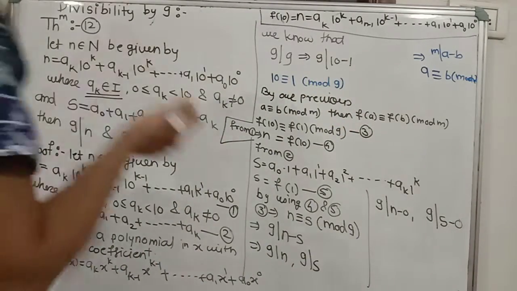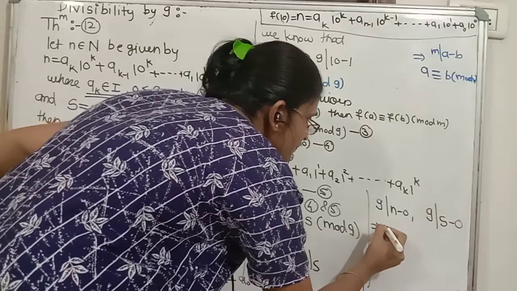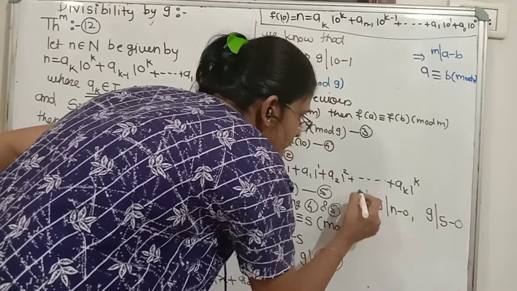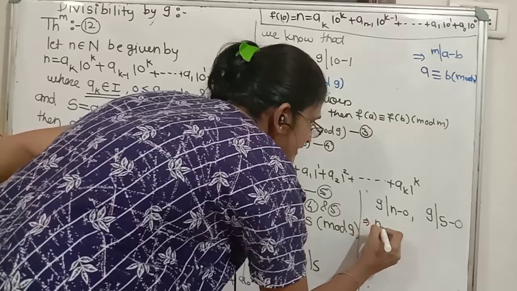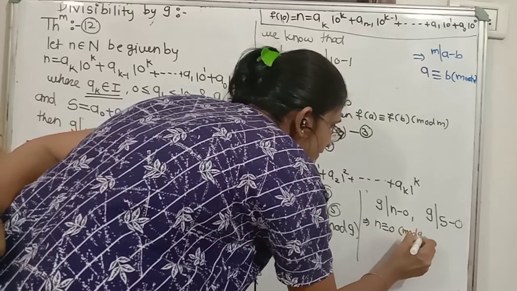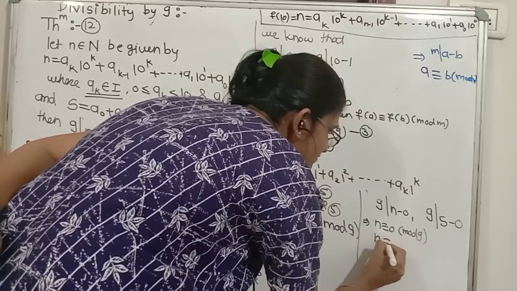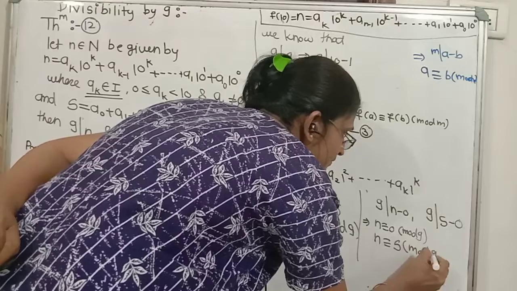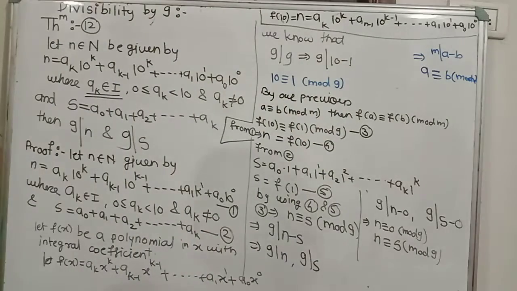So we write here n is congruent to 0 with mod 9 and n is congruent to s with mod 9, as per our definition of congruence.